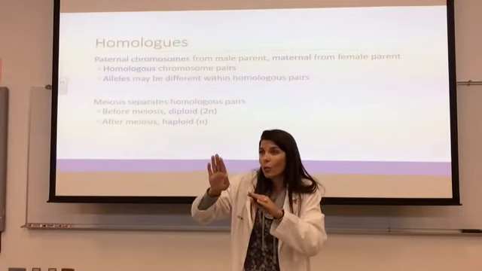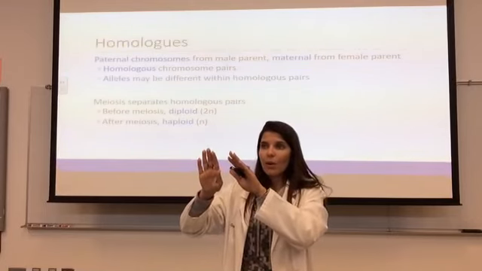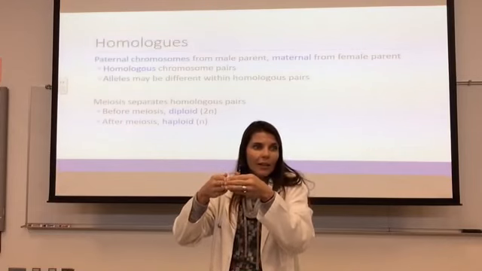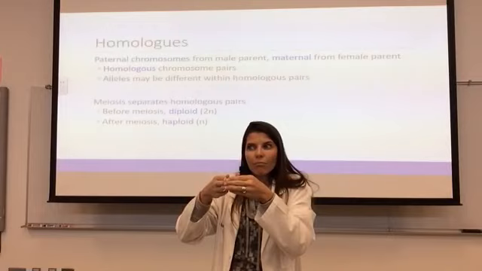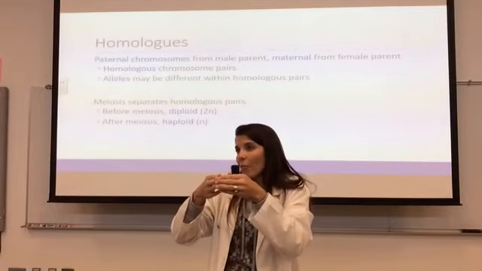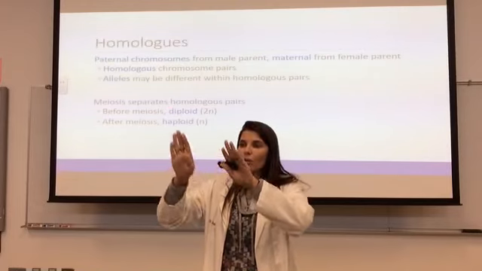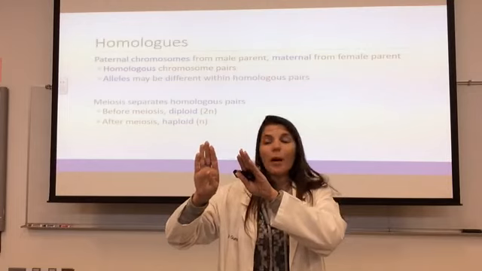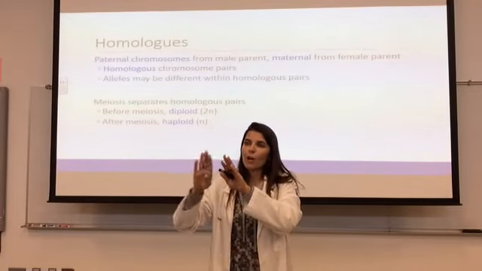Perhaps mom's allele was blonde, dad's allele was brown. Whenever they first came together, they determined who was dominant. Guess what color hair you probably have? Brown. If your mom had blonde and your dad had brown, more than likely you have brown. Now, could you possibly have blonde? Yes. And we'll talk about that in our next unit.